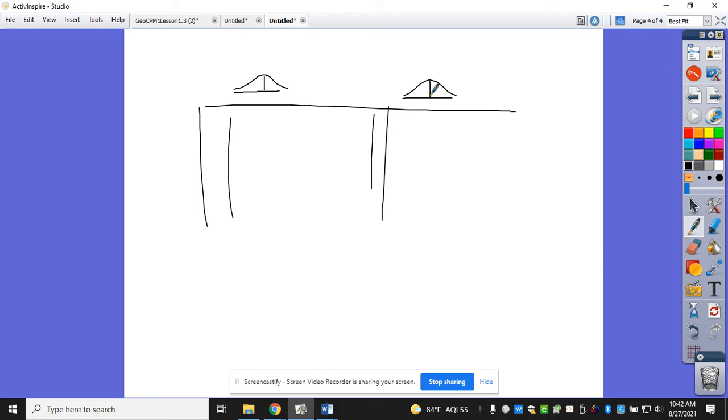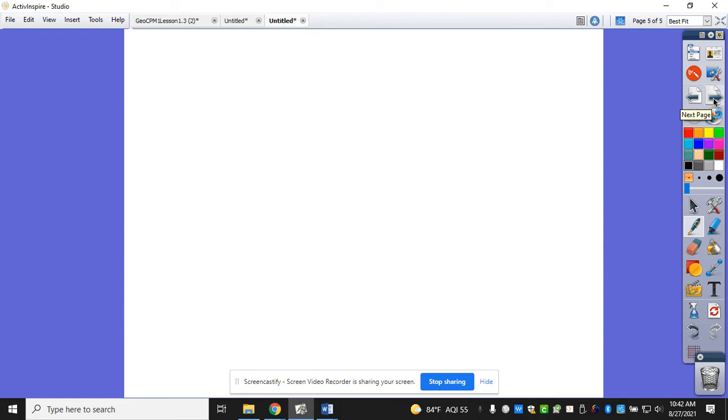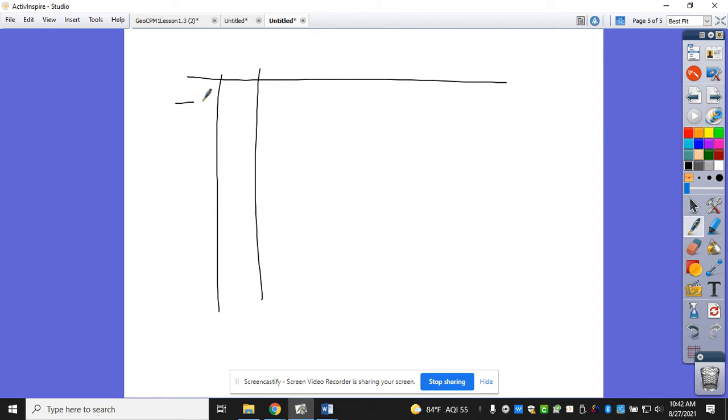Let's figure out how to even read the table itself right now. Where is a Z of 0? Let's look on the right-hand side one. On the positives over here, where is 0?